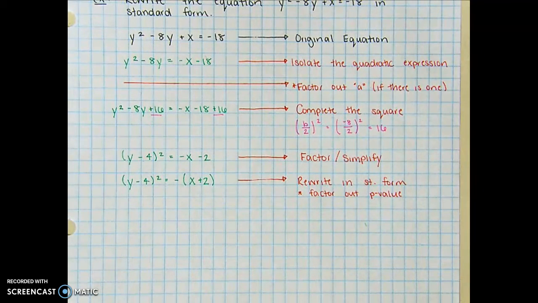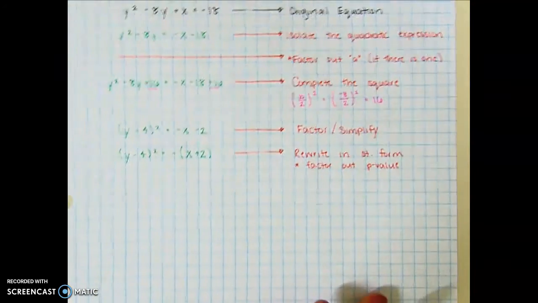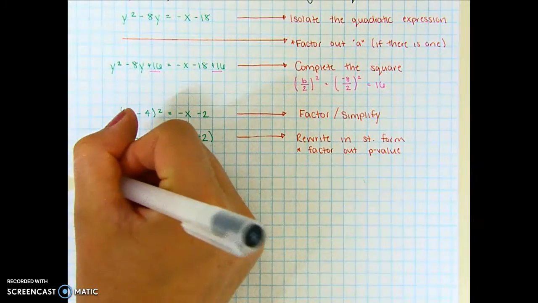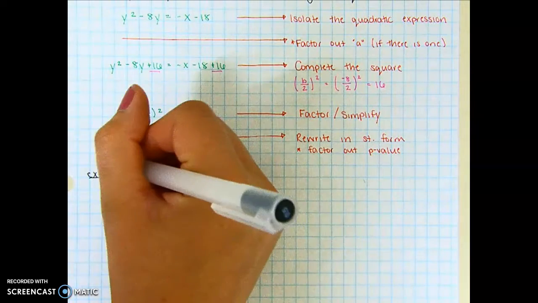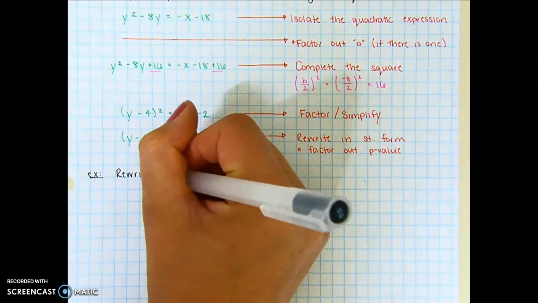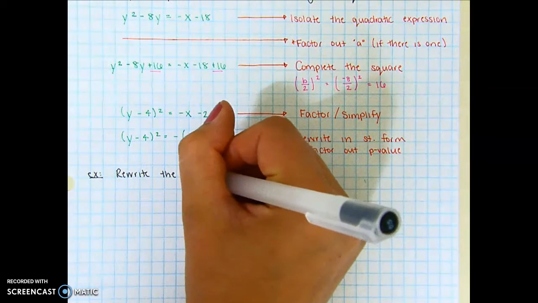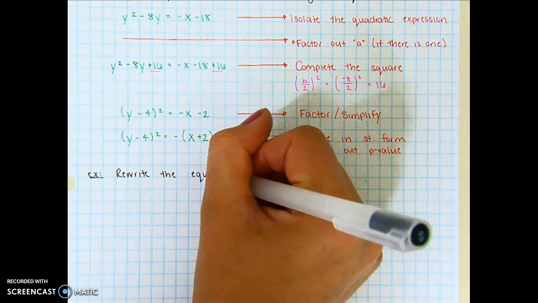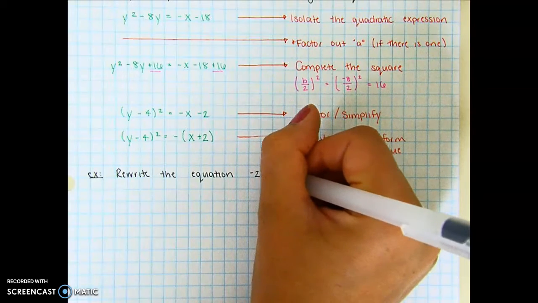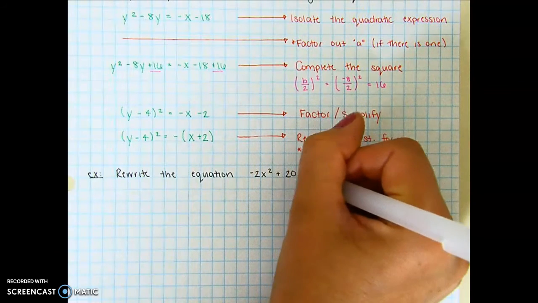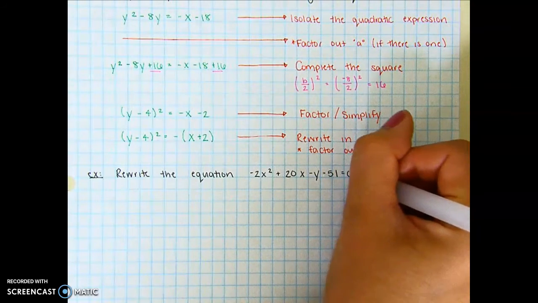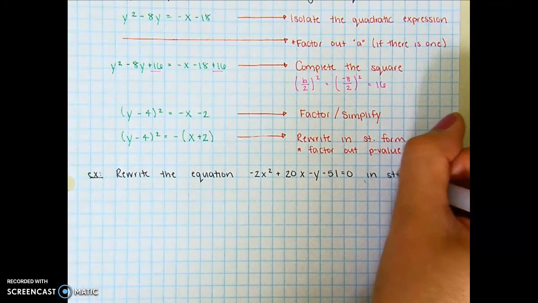Now let's do another problem that's a little bit more challenging and has that a value I was referring to. So rewrite the equation negative 2x squared plus 20x minus y minus 51 equals 0 in standard form.